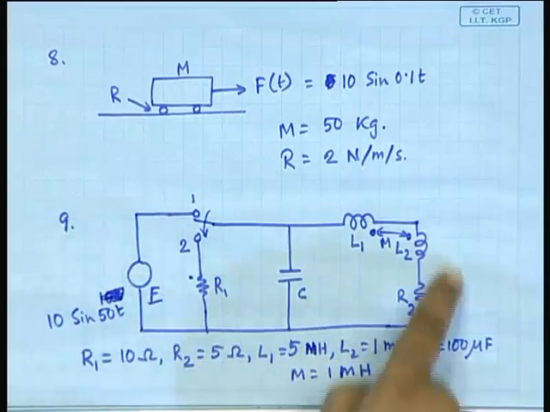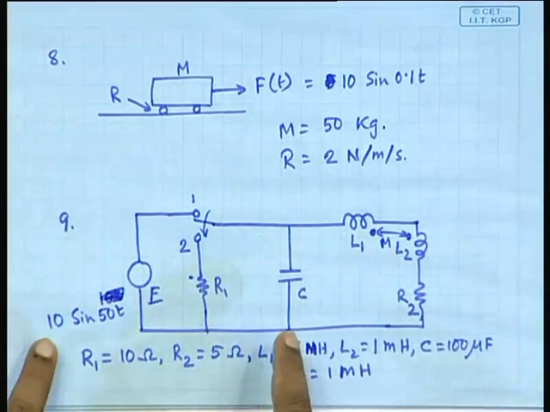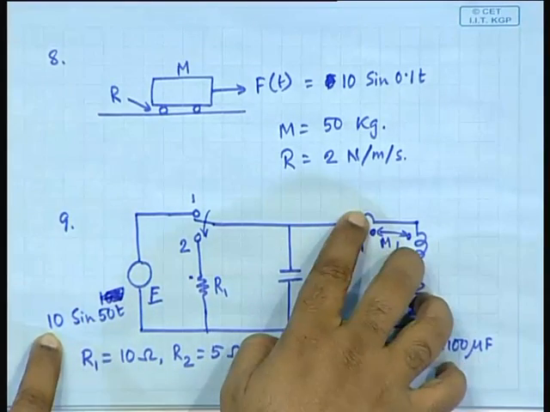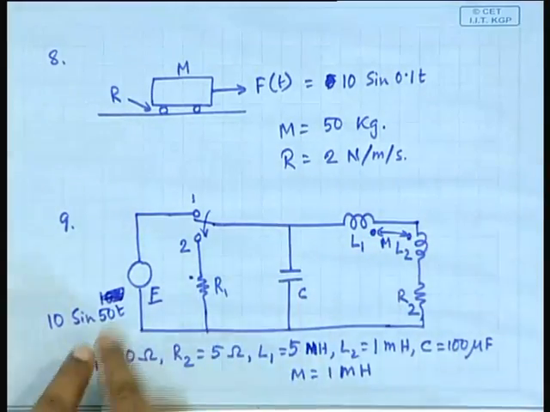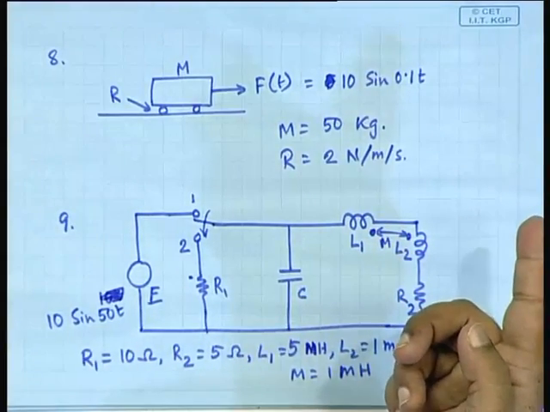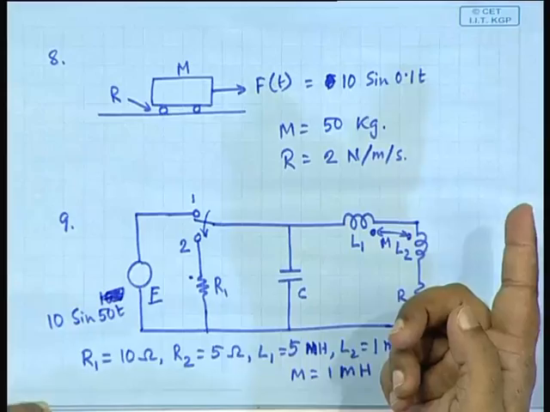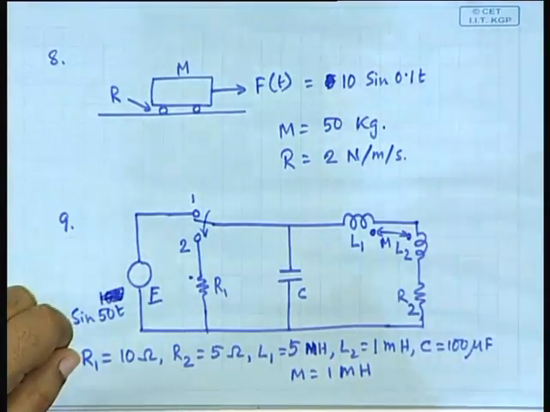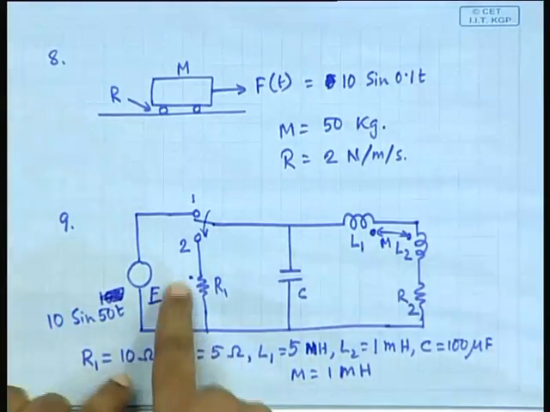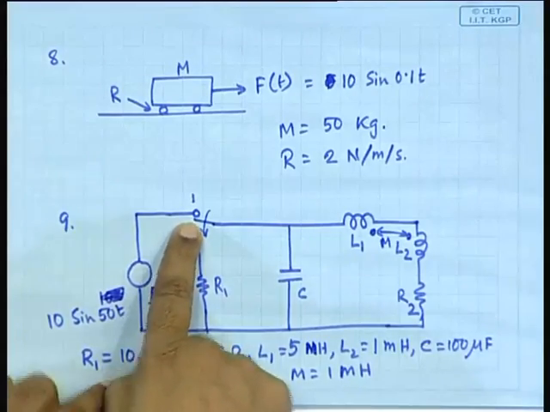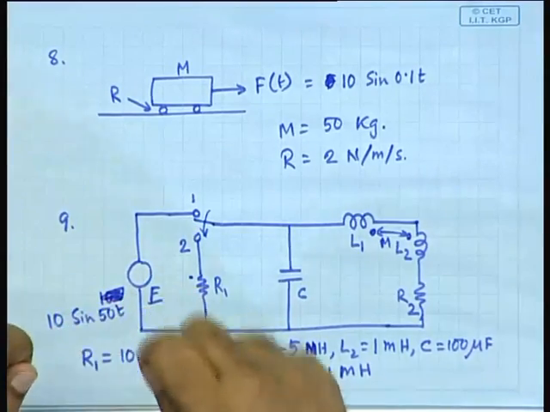So, the current flowing will be V by Z sin omega t plus some phi, fine. While that is going on, it is a sinusoidal thing, it is there a long time, which means that the transient part, the complementary function part, has died down.